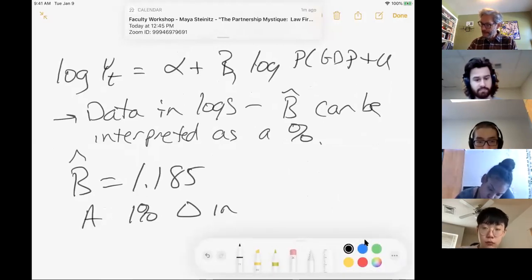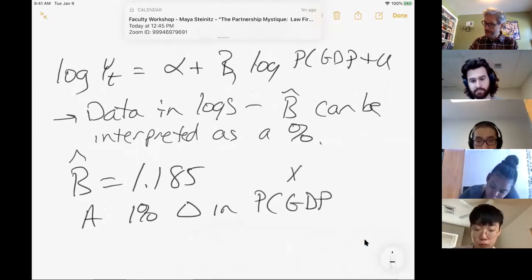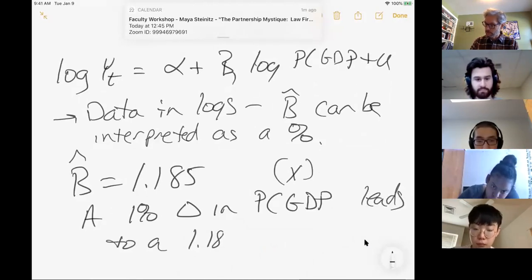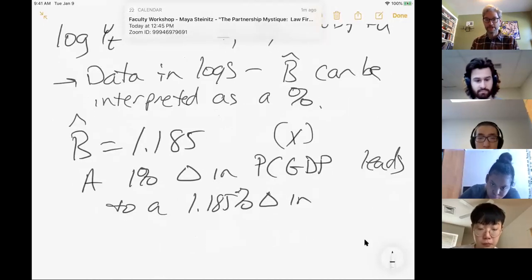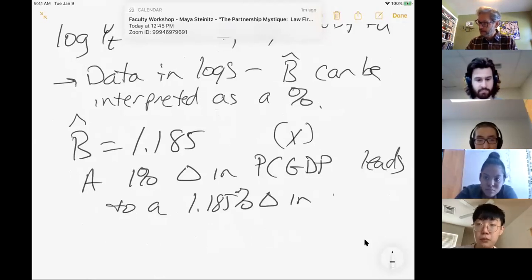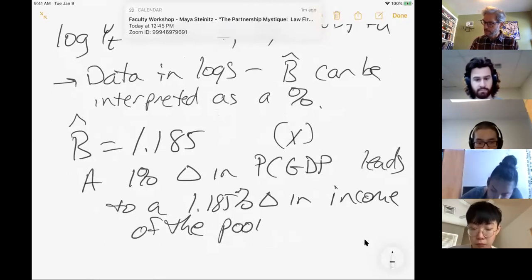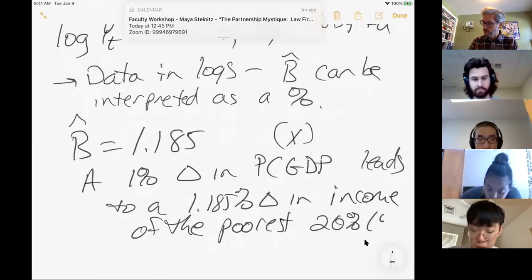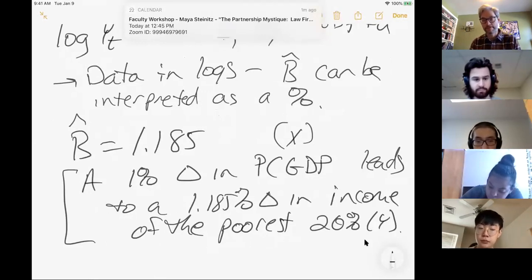The way you interpret that is a 1% change in per capita GDP, or X, leads to a 1.185% change in income of the poorest 20%, which is Y. That's how you would interpret that coefficient. Why? Because the data is written in logs, so then you can interpret it as a percent.